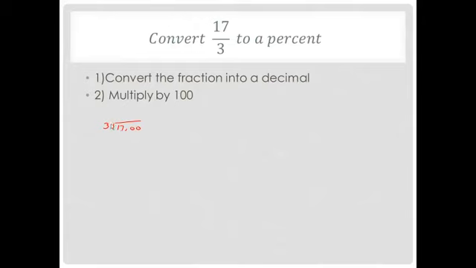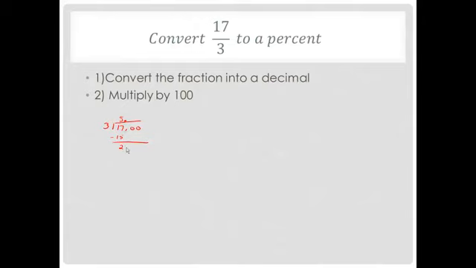And to start dividing, 3 would go into 17 5 times, 5 times 3 is 15. Subtract. And remember that decimal comes straight up.